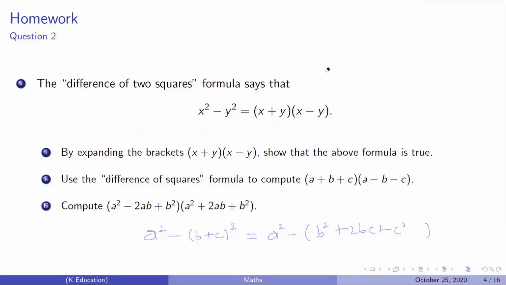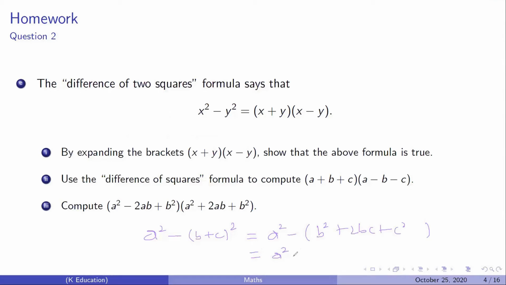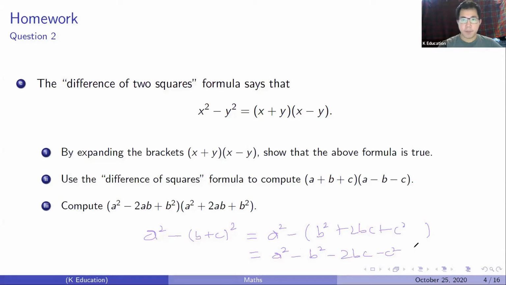It turns into minus. So what's my final answer? a squared minus b squared minus 2bc minus c squared. Yeah, exactly, right. Okay, thank you.